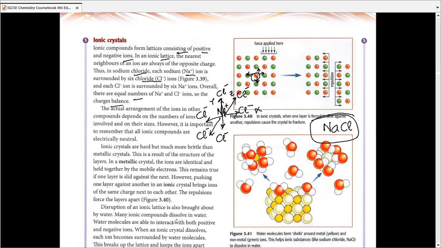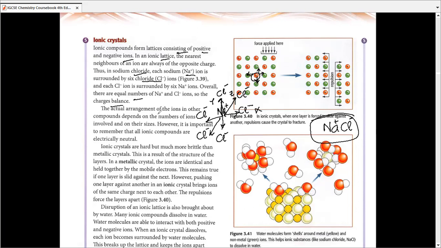This doesn't just happen in NaCl, this happens in every single ionic compound. The charges balance with one another, and that we have studied from the structure, the formulation specifically. I hope you remember that we canceled out or balanced out the charges in order to get the formula of an ionic compound.